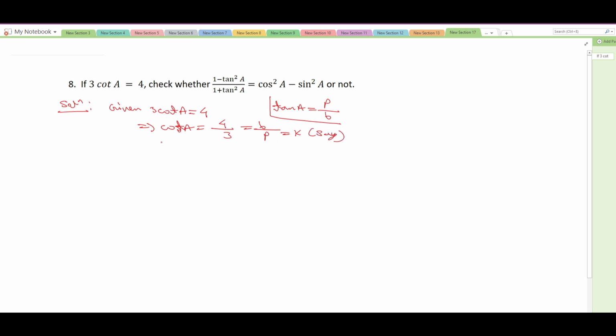From this we can write b equals 4k and p equals 3k. From Pythagoras theorem we can write h square equals b square plus p square. Here b equals 4k, so this is 16k square plus 9k square, 25k square. So h equals 5k.